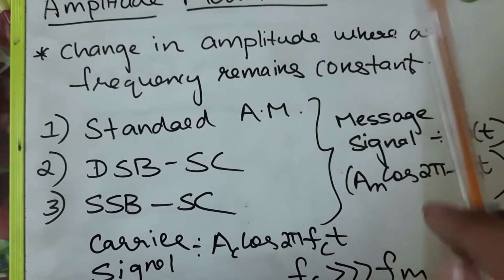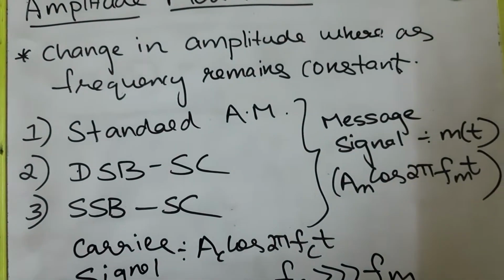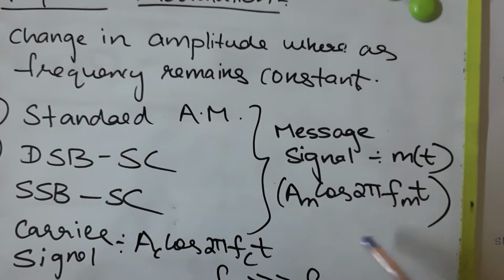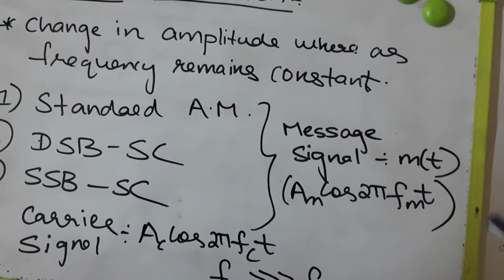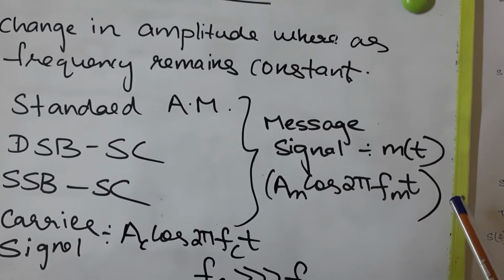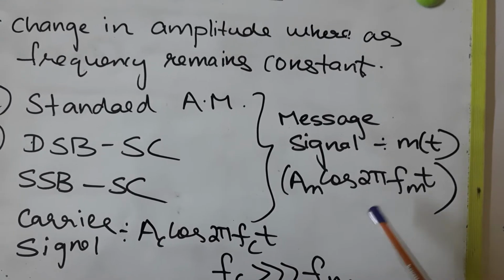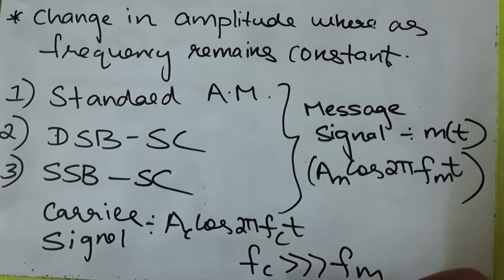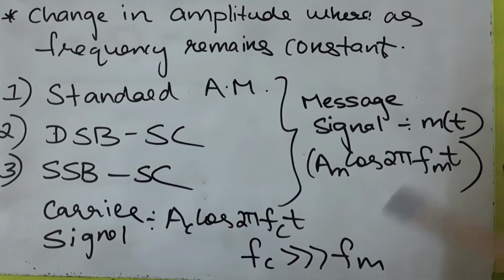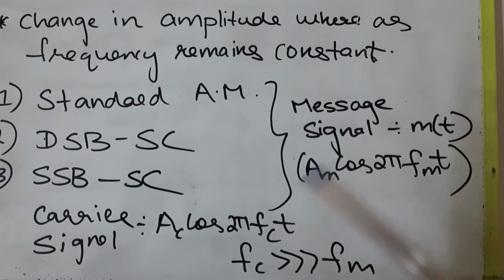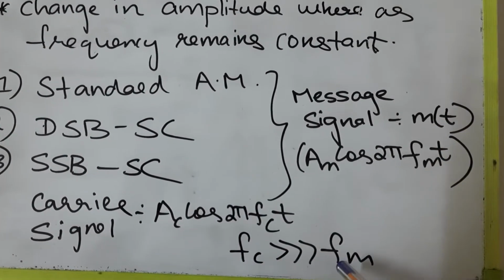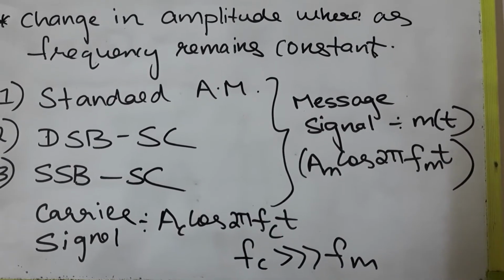I will discuss each one of them, but before that I would like to tell you that throughout the series I will assume my message signal to be Am cos 2 pi fm t and my carrier signal to be Ac cos 2 pi fc t. And always remember that the frequency of the carrier signal is very much greater than the frequency of the message signal.